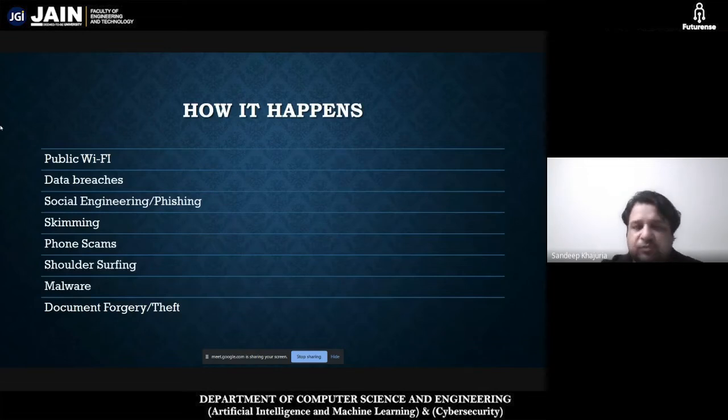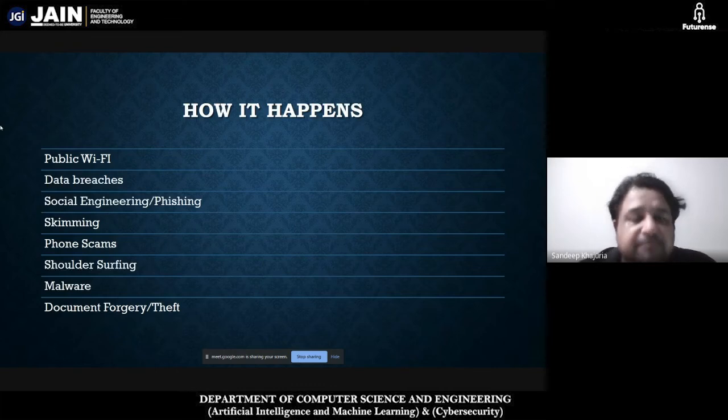So how do you think these things happen? Public Wi-Fi is not common in India. Metro cities maybe, but still it is not common. But then again, at airports, nowadays in trains, or in some coffee shops, you get access to free Wi-Fi.